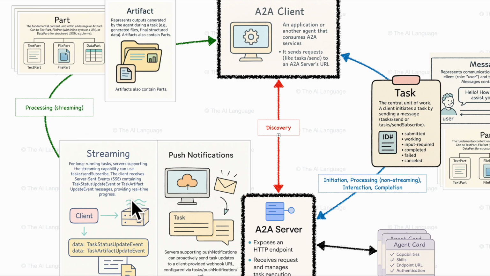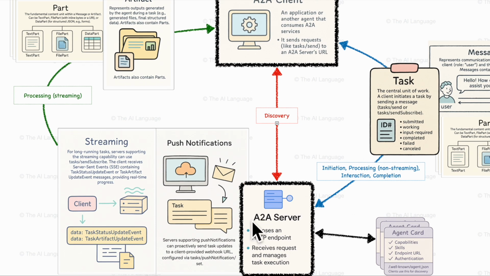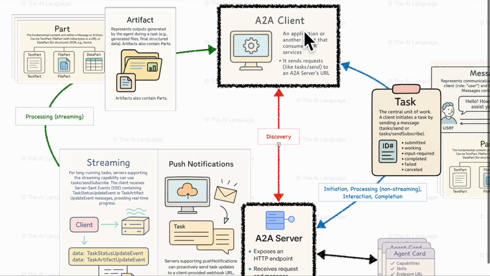There's also another processing mode which is called the non-streaming mode, and the server does all the work and replies with the final result at the end. The choice depends upon the server capabilities and the use case, and this non-streaming processing flow happens directly from the server to the client, where the server sends back this particular task to the client.